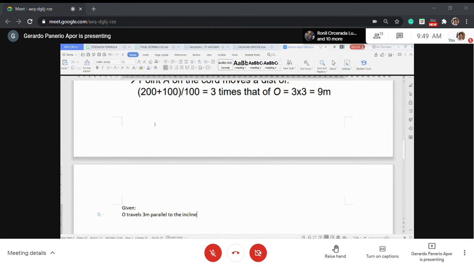Therefore, A travels 9 meters parallel to the incline.